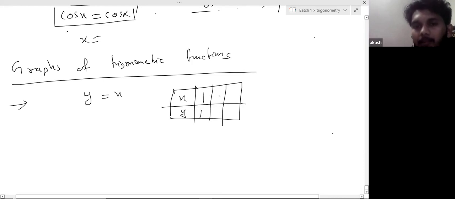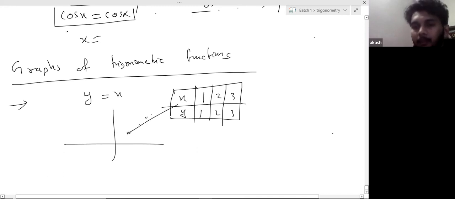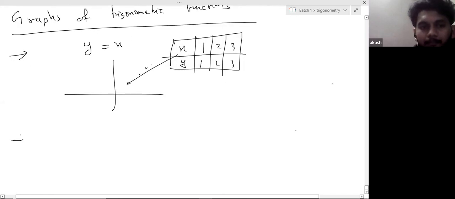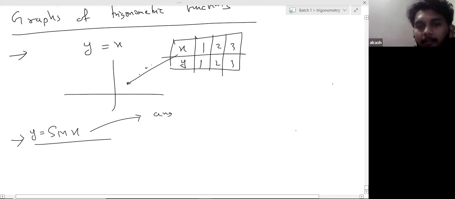If x is 1, then y is 1, x is 2, then y is 2, x is 3, and so on. Then you will plot these points, and a graph will be drawn. So this way, we draw different values for sine x also. If you have y is equal to sine x, here angles are in radians or degrees, and y is the value.